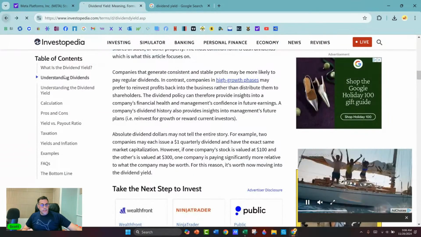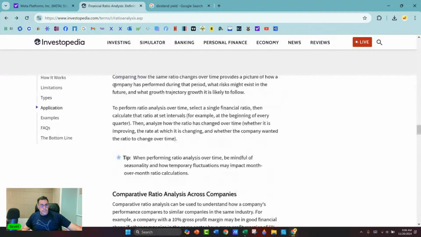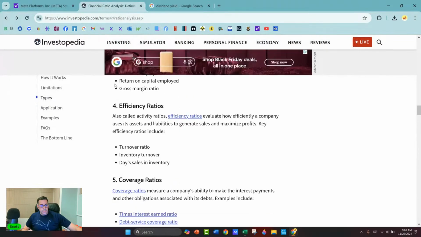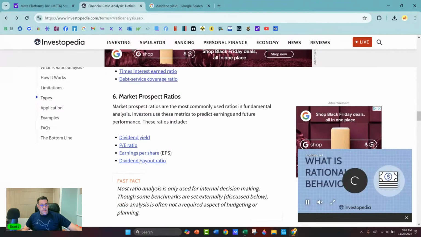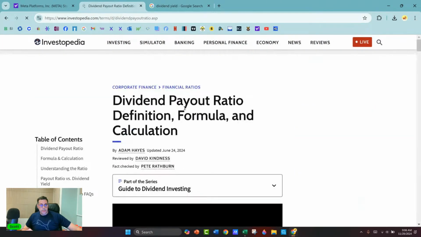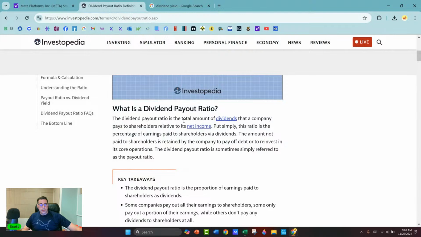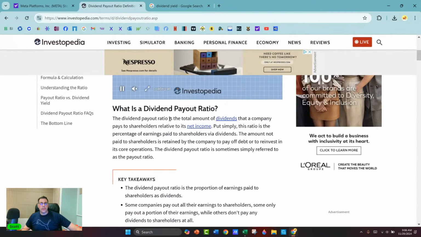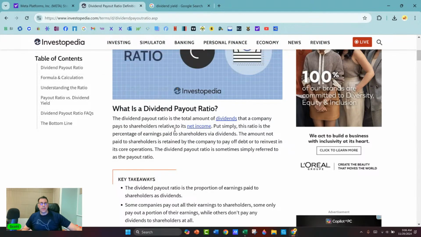What did I miss? Dividend payout ratio. It's the total amount of dividends that a company pays to shareholders relative to net income.